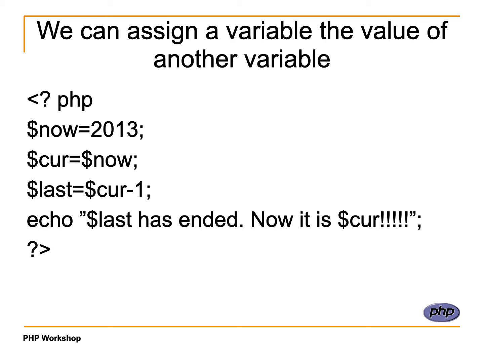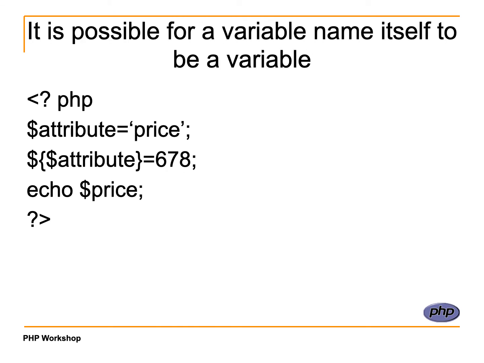After executing the second line, $cur gets the value 2013, and $last is $cur minus 1, that is 2013 minus 1, which is 2012. The echo command will display '$last has ended, now it is $cur!', that is, 2012 has ended, now it is 2013. That is the output of this PHP scriptlet.